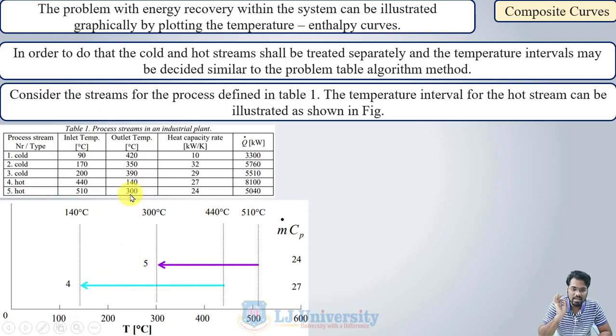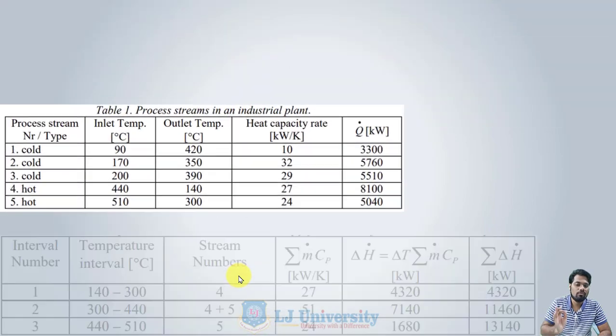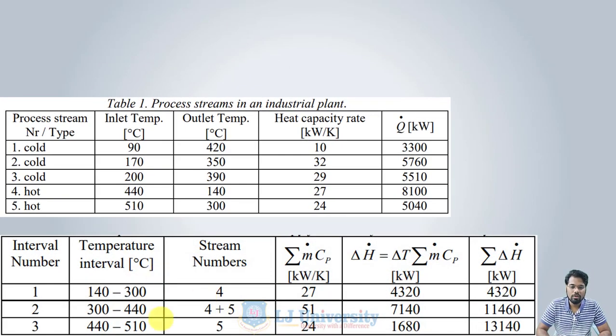Now between 300 and 440, there are two streams, stream number 4 and stream number 5. And between 440 to 510 there is only one stream, which is stream number 5. So between 140 to 300, stream number 4; between 300 and 440, 4 plus 5; and between 440 to 510 only 5.